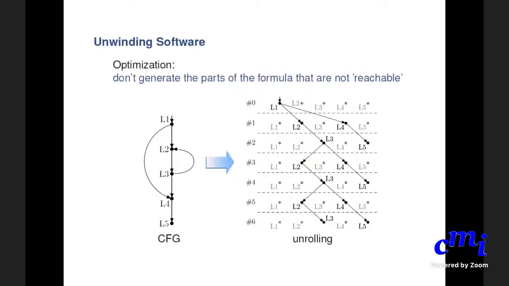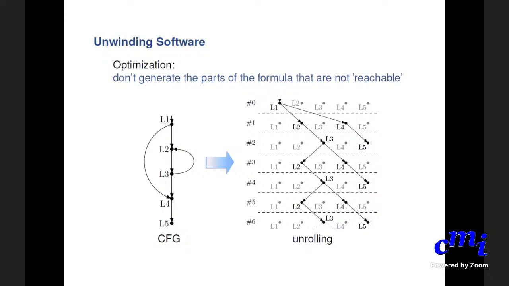The idea is to use the CFG to get to only those paths that the CFG generates, because the paths that the CFG generates are, in some sense, the paths that are ever possible.